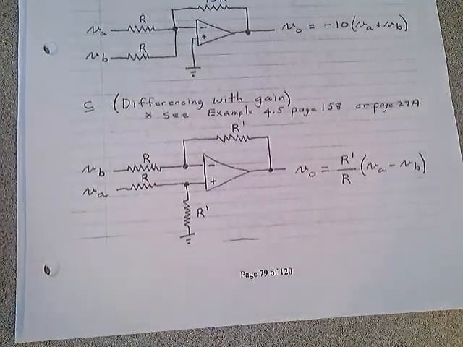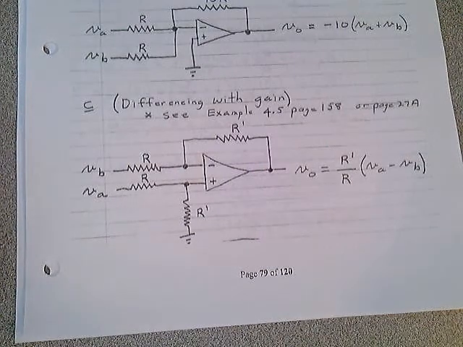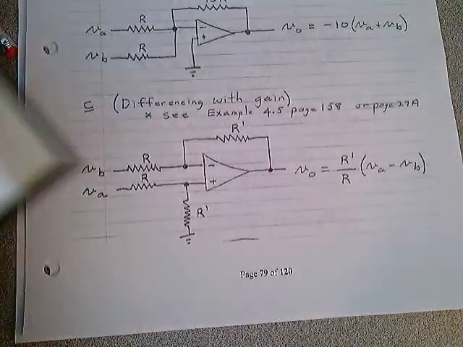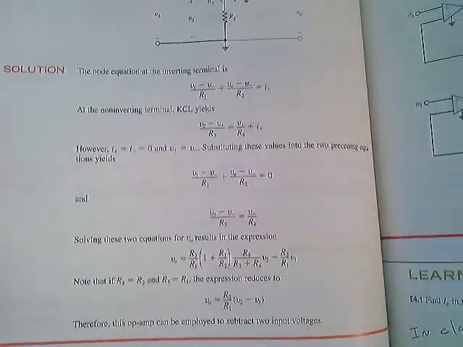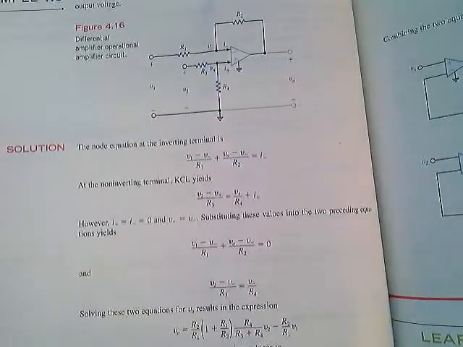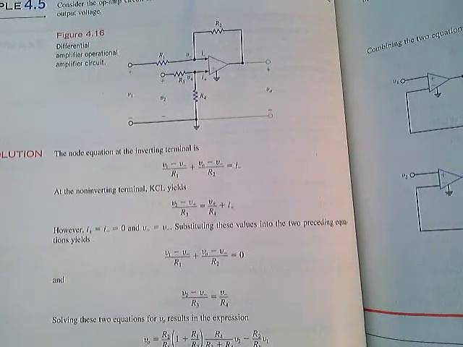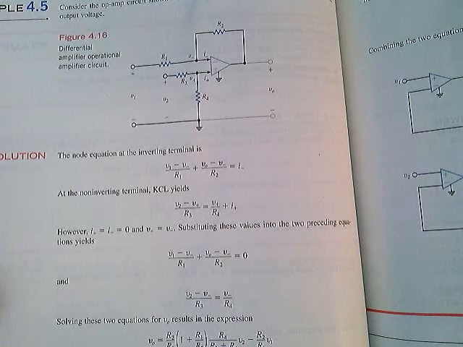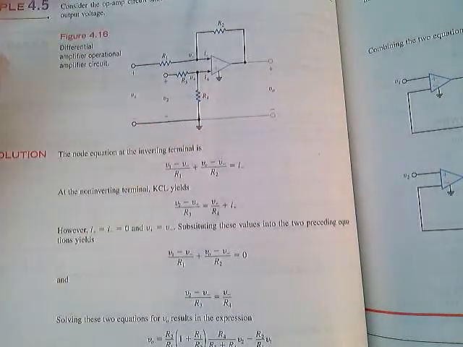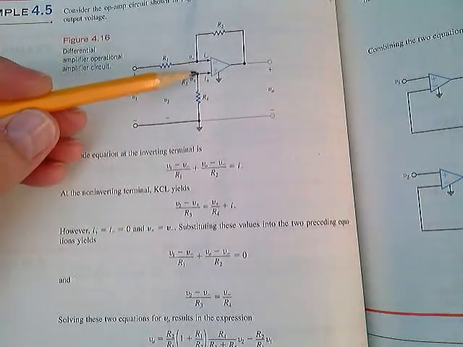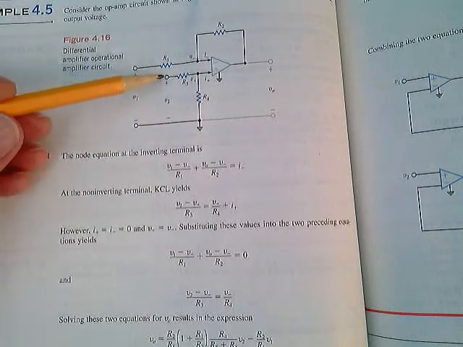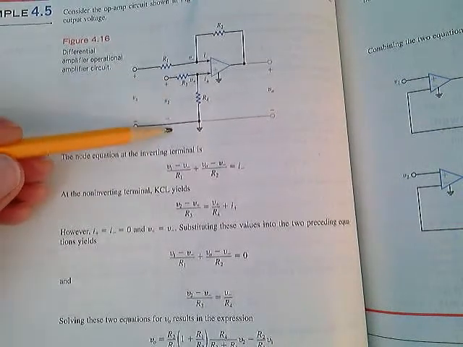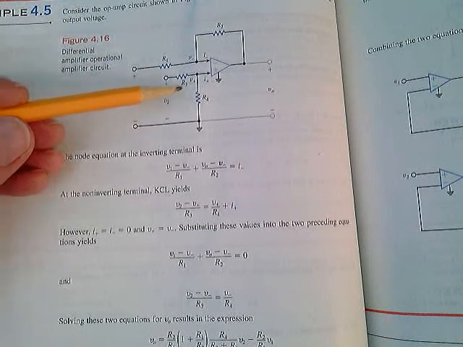I don't think we have a homework problem like that, but if you take a look at this, this is the analysis of it. It's in your textbook. There's the circuit. And I'm sure you can all do this by now. Basically, take the voltage at this point here, which is V2, and use a voltage divider to find what proportion of V2 is at that point.